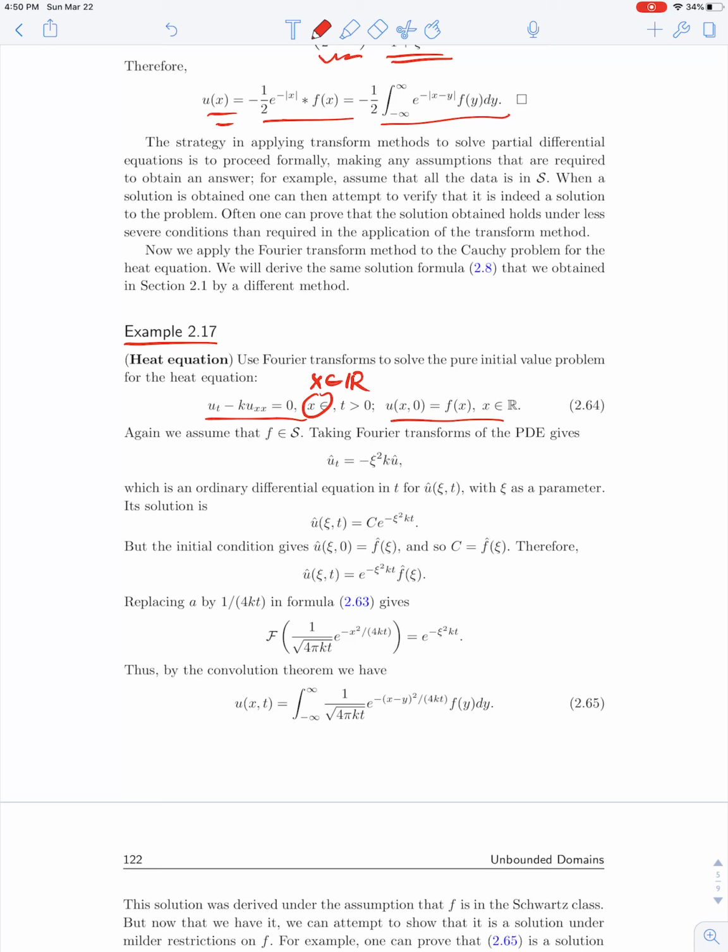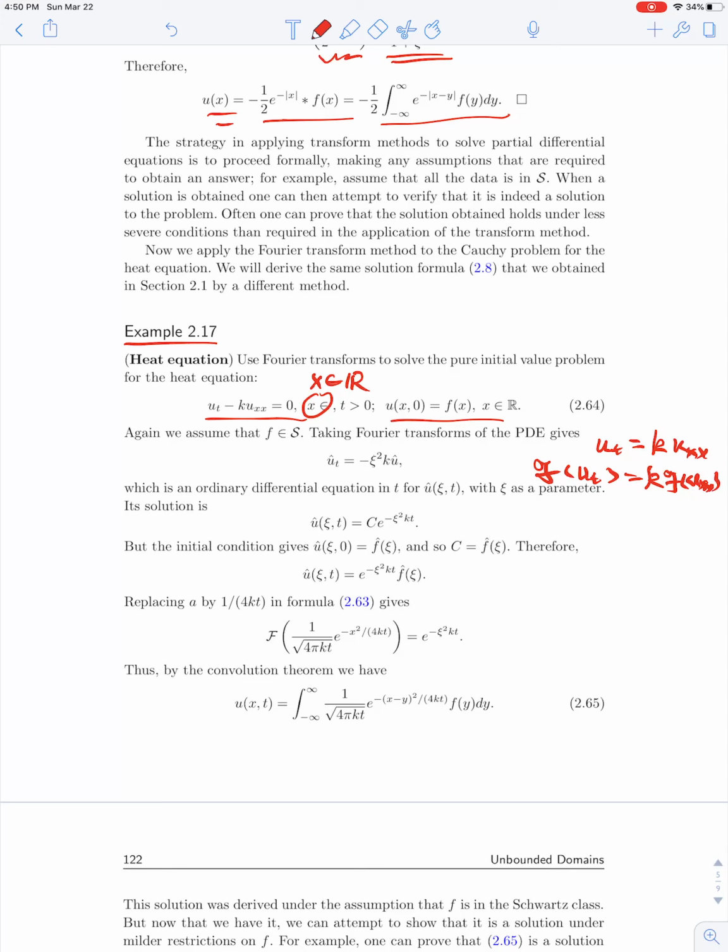The first thing you need to do is apply the Fourier transform to both sides of this equation. Let's write the equation as u_t equals k u_xx, and then we apply the Fourier transform to both sides. The Fourier transform is a linear transform, so you can take the constant out.